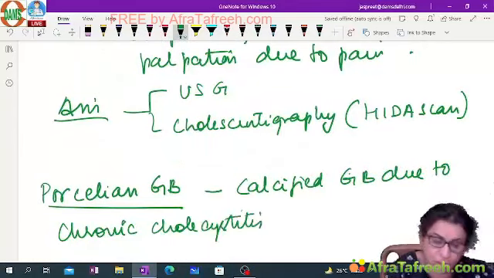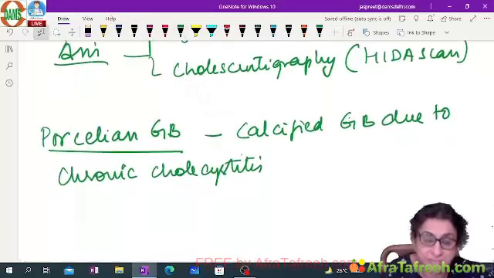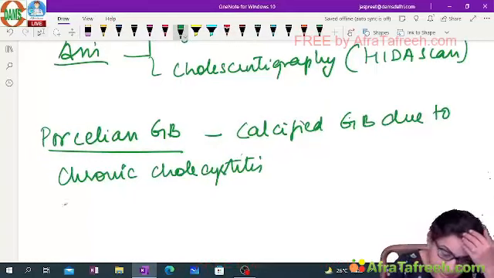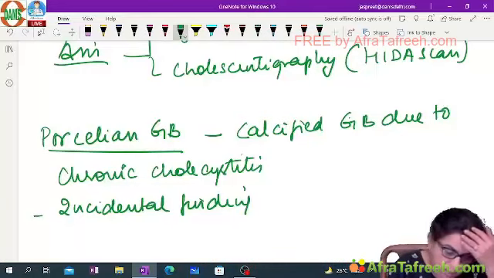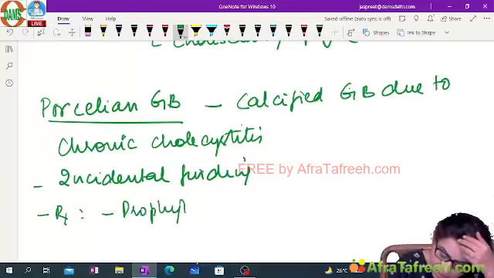So it is a calcified gallbladder due to chronic cholecystitis, and usually it is found incidentally on imaging when you are doing imaging. The treatment is a prophylactic cholecystectomy.